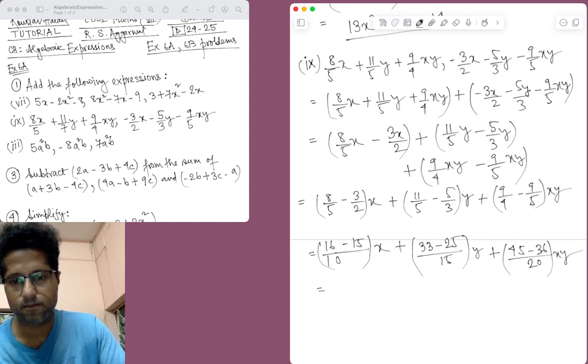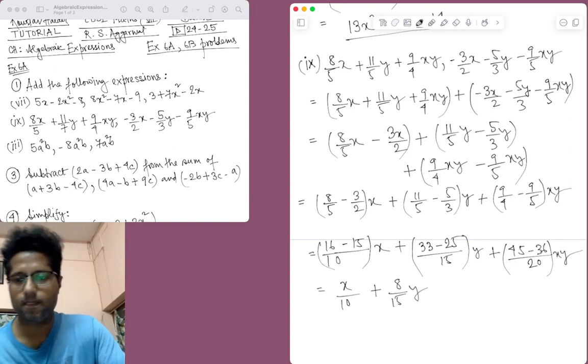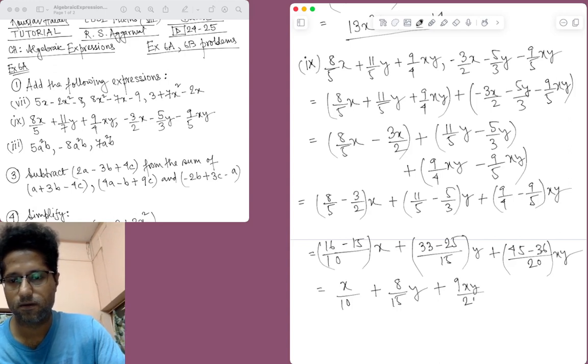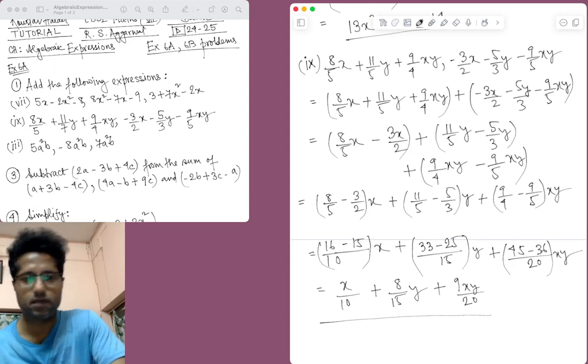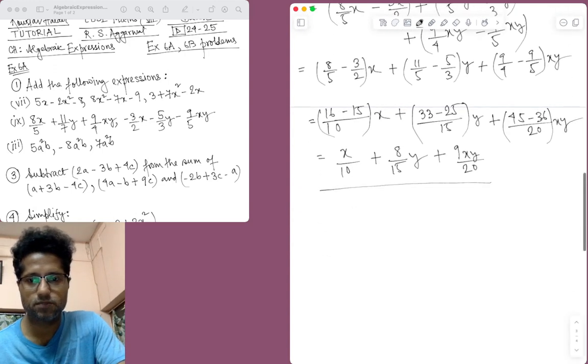So this is x by 10 plus 8 by 15 y plus 9 xy by 20. So this is the sum of the two given algebraic expressions. Let's do the part 3.